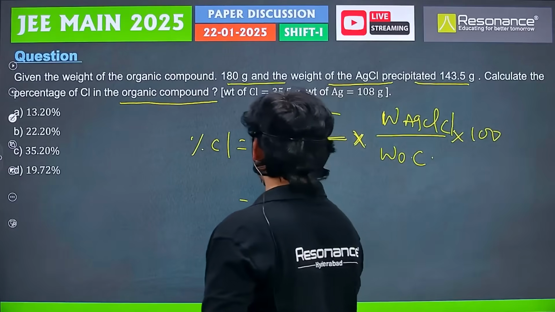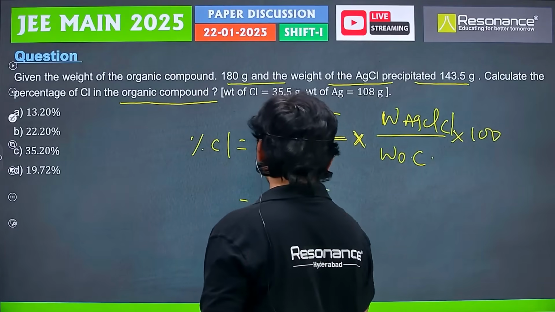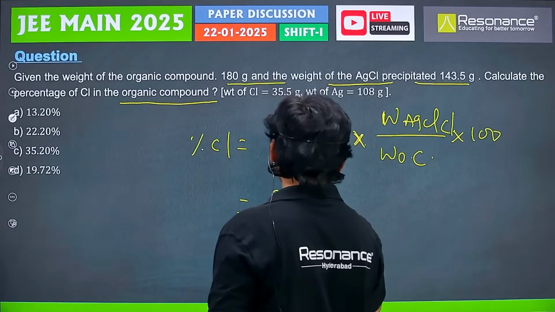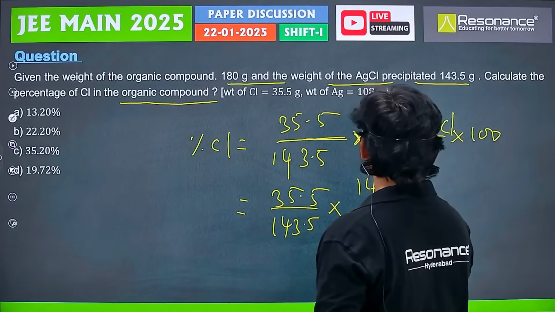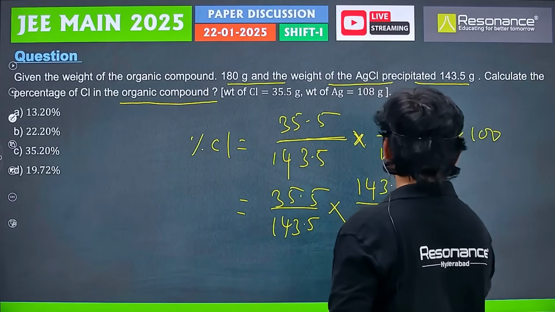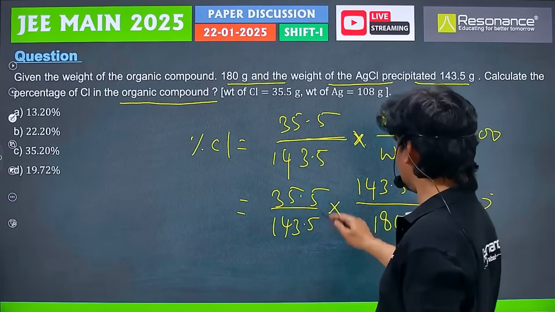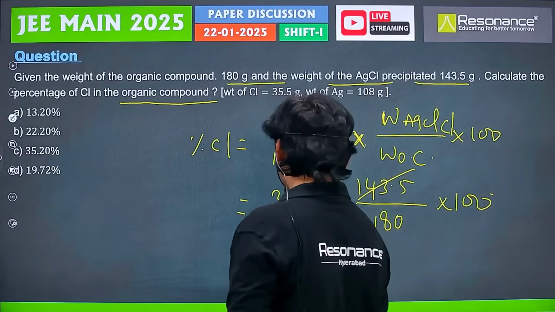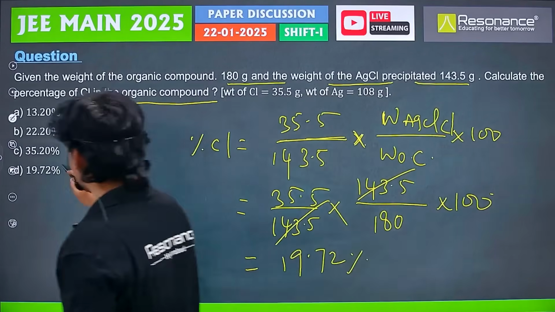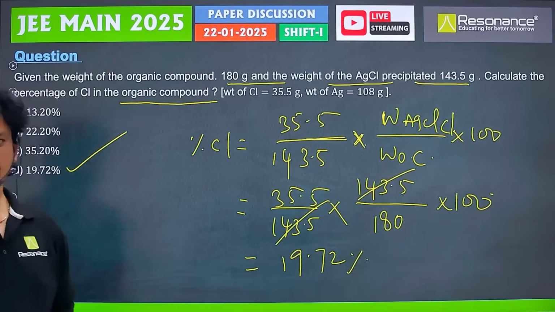That is 35.5 by 143.5 into 143.5 by 180 into 100. Then this one gets cancelled. Upon solving, we get 19.72%. D is the option.